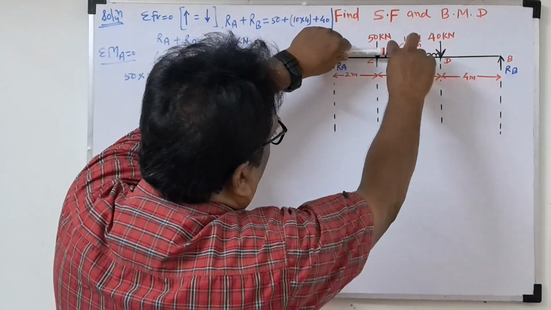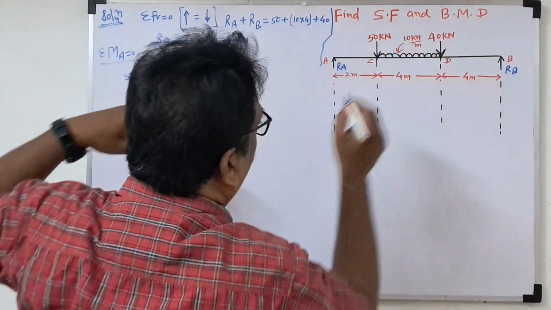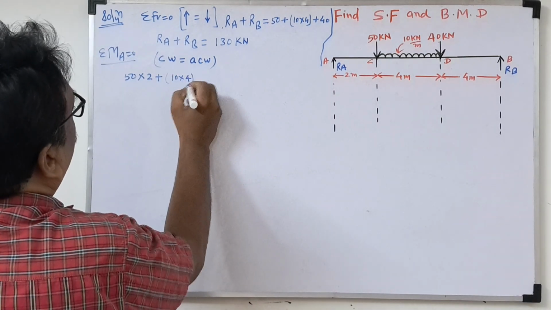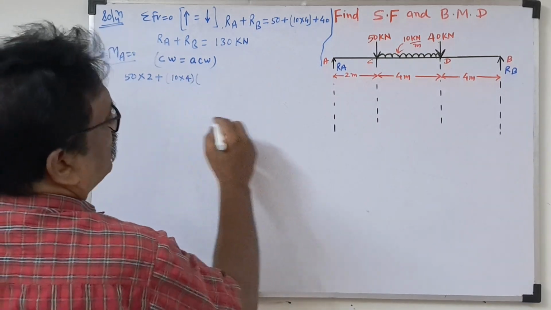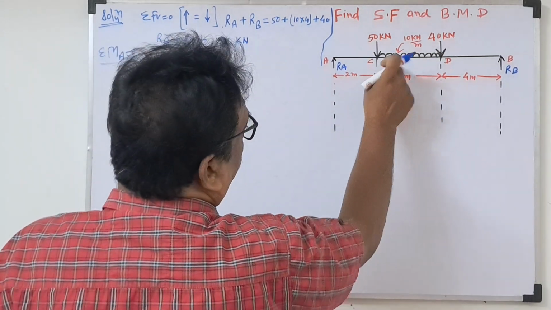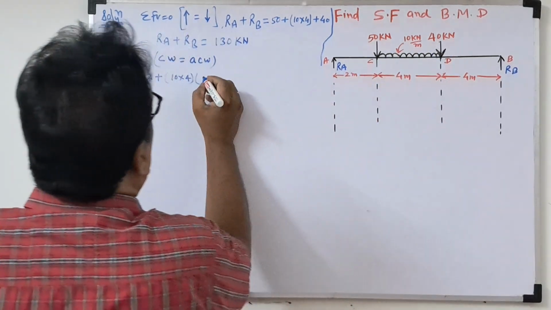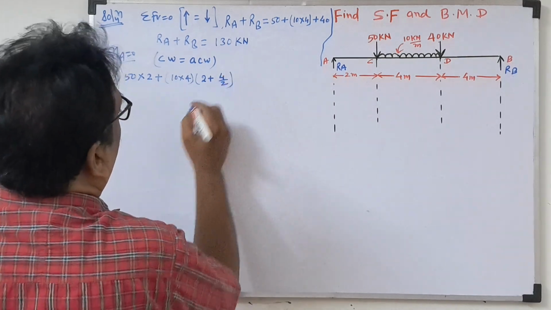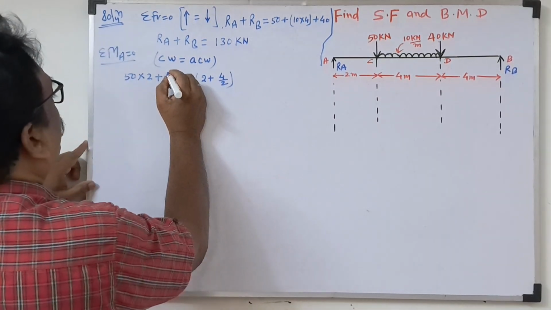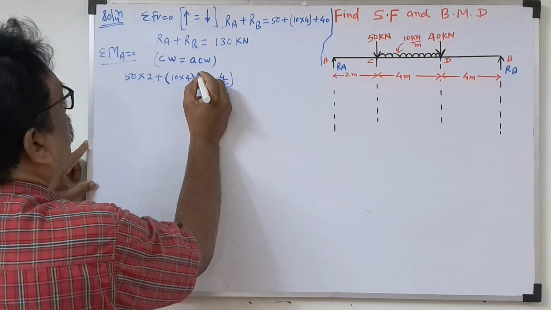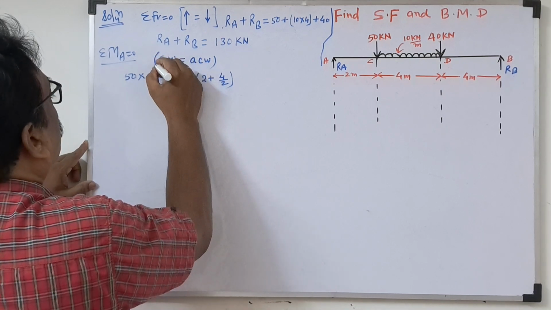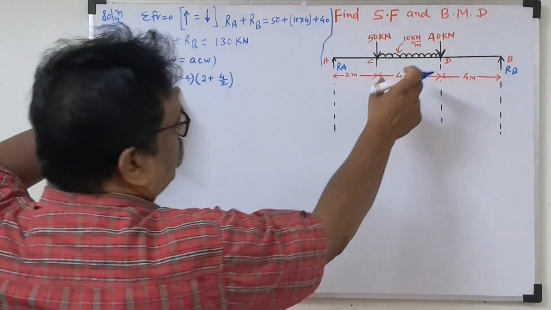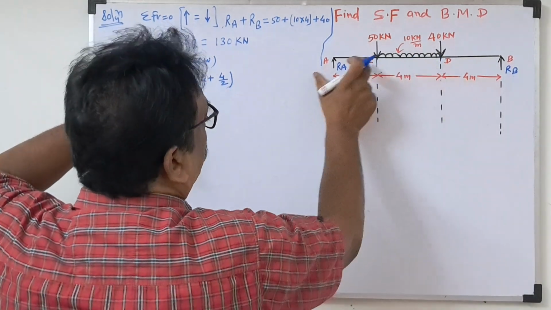Now the UDL: 10 into 4 is the load, then half the distance, 4 by 2. But where is this UDL? After 2 meters. So 2 plus 4 by 2. You have to be careful here. For a UDL, first calculate the load, into the perpendicular distance.